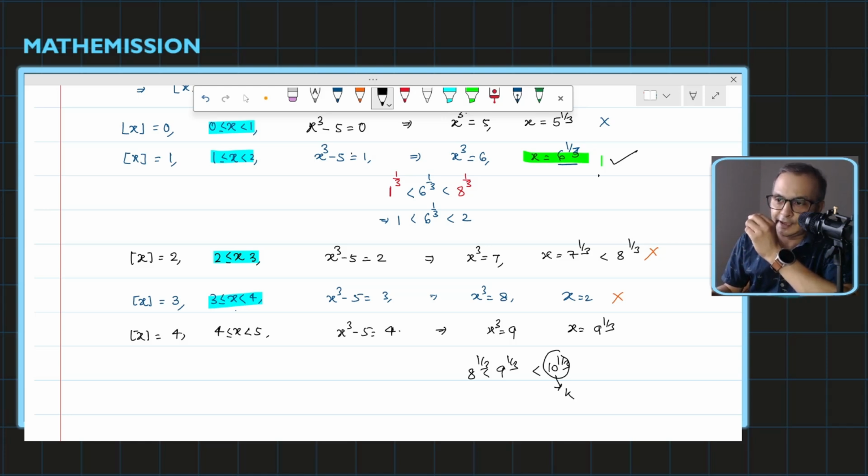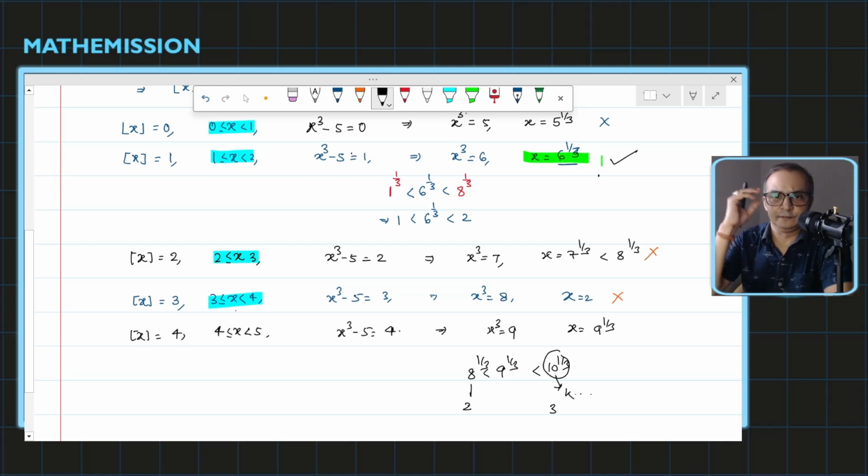I need a number k which multiplied k times k times k gives 10. But we know 2 is the number we multiply 3 times to get 8. After 2, the next integer is 3. If you multiply 3 three times, you will get 27. It means this is not by any chance 27. So the number we are looking for must be less than 3.